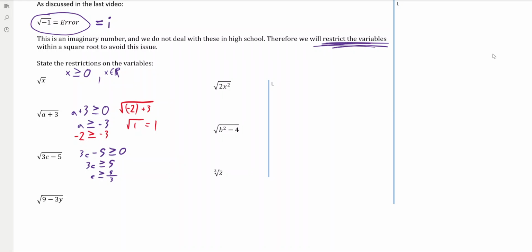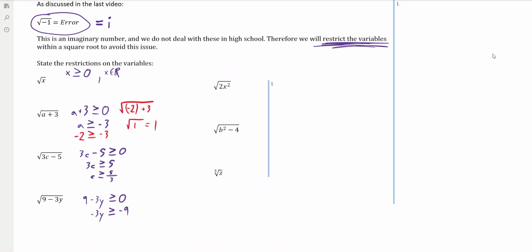Now, watch this next one. Okay, this one's interesting. 9 minus 3y must be greater than or equal to 0. That's true. Now, normally when we solve this, what we would do is subtract 9 on both sides. And so far, this is also true.